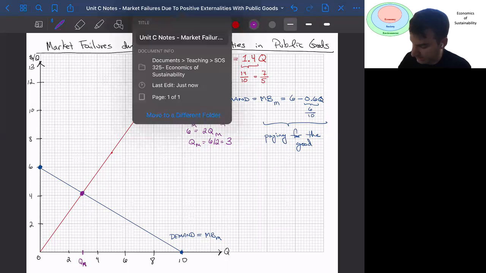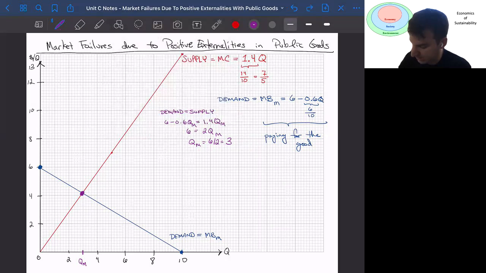And then, what is the equilibrium price of the good? I just can't manage to draw a small m for some reason. All right, so for the equilibrium price, I can take that QM and plug it into either the cost or the marginal benefit to the members, and I should get the same price out. It's easier to plug it into the cost curve.